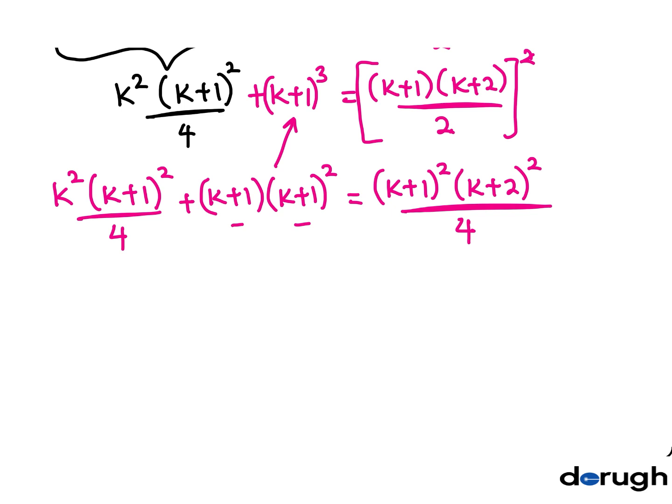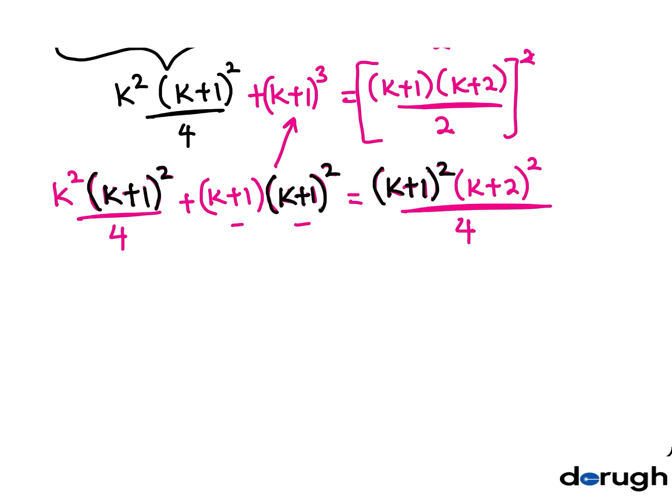So this expression, if we notice, there's k plus 1 squared. In this expression, we have k plus 1 squared. And on this other side, we also have k plus 1 squared. We can see the like terms forming.